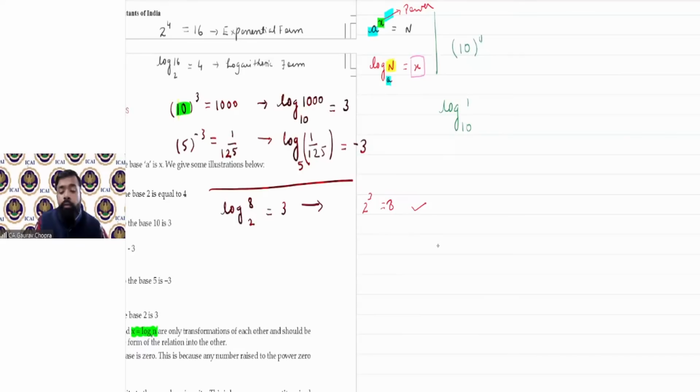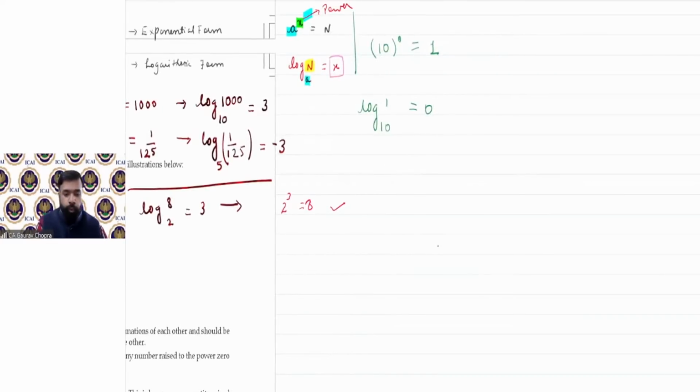So 10 to the power of 0 is equal to 1, this is given to us. Now we have to convert this into logarithm form. Then what will we be writing? Log of 1 base 10 is equal to 0.